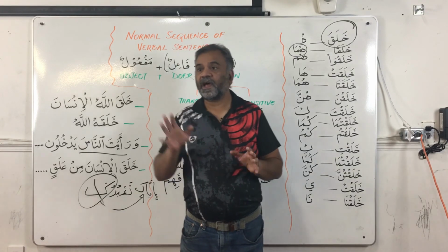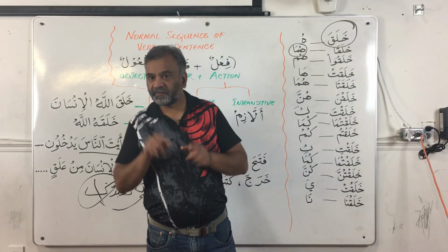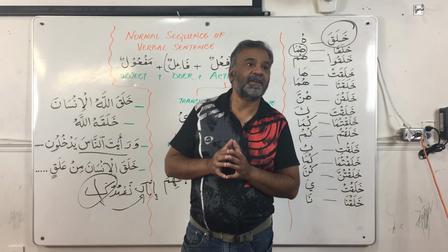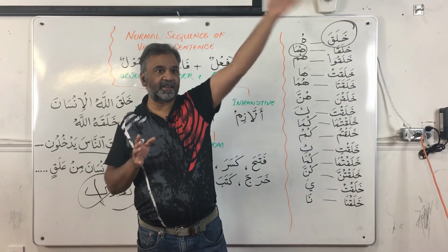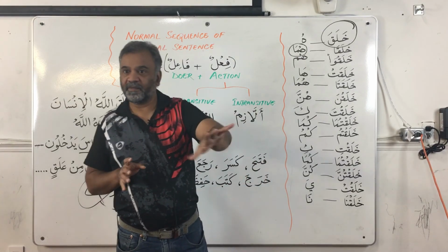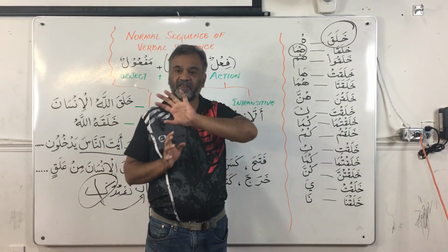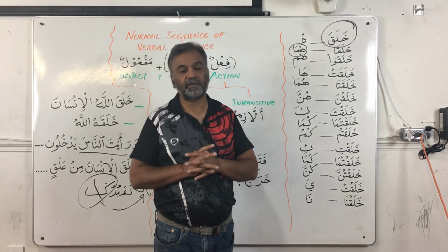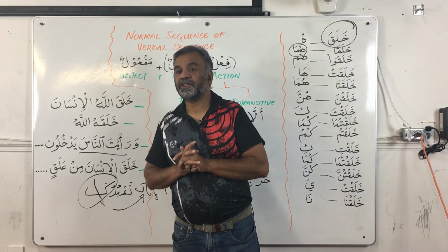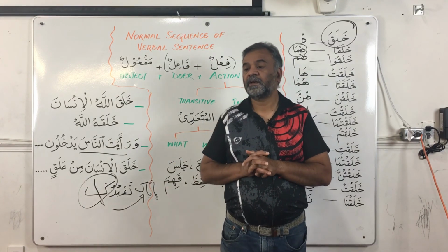But then sometimes a jumla can be a maf'ul, but that's another topic for book 3. This is basic concept, basic structure of jumla fi'liyya, the verbal sentence. With that, we'll inshallah finish our class.